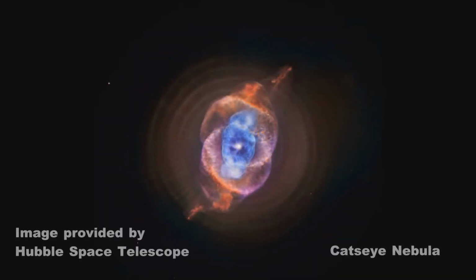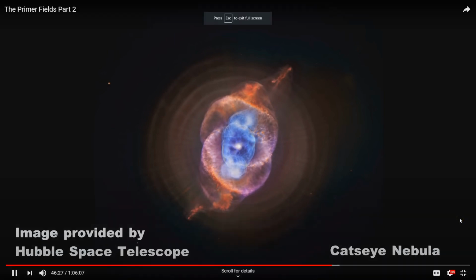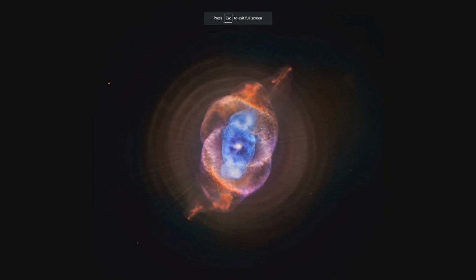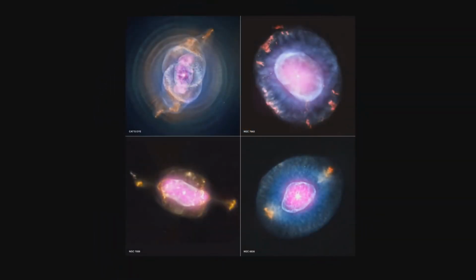Then the Cat's Eye Nebula also has a bubble inside of a bubble formation that cannot be explained by the currently accepted theories. But when we apply the Primer Fields approach, you will see that these bubble-in-bubble structures are very easy to explain.